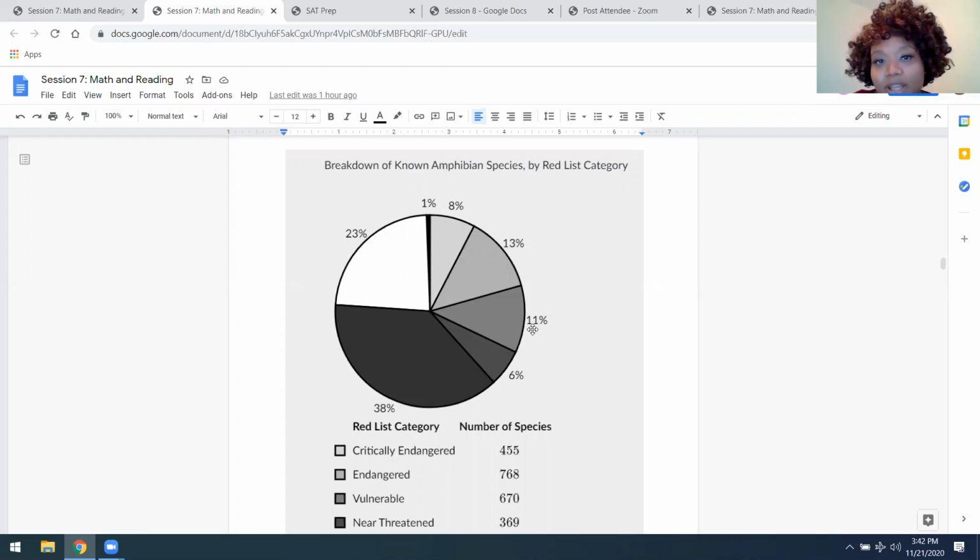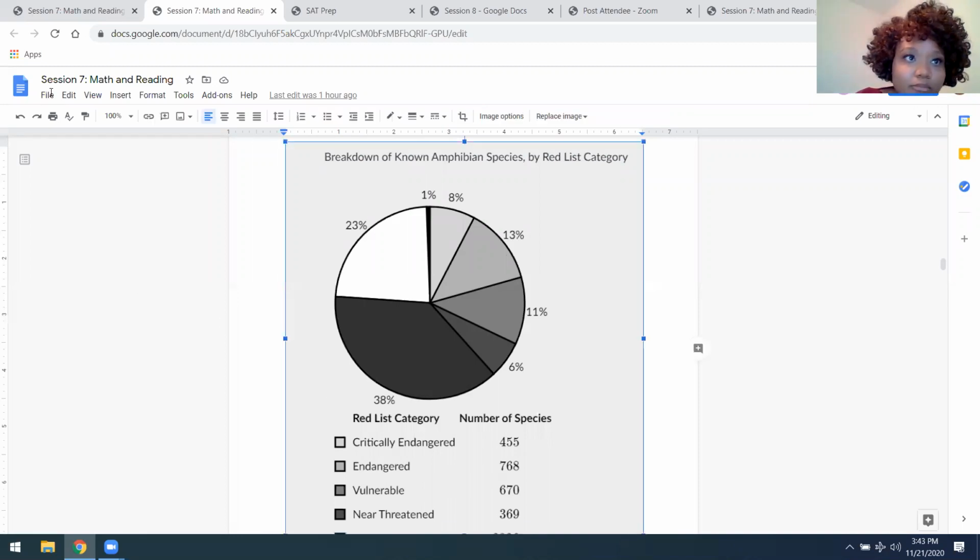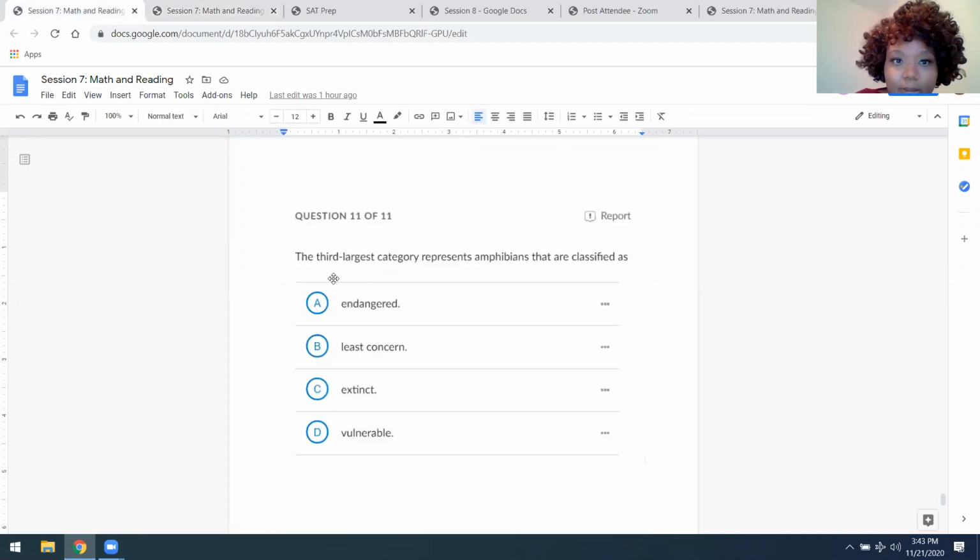I mean, that's close to 11 and 8, but still, it is technically still the third largest. And as we had said before, the third largest group, this, again, lightish gray color, this 13%, corresponds to the endangered portion. So answer choice A.